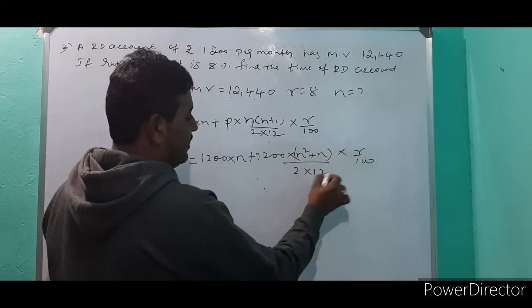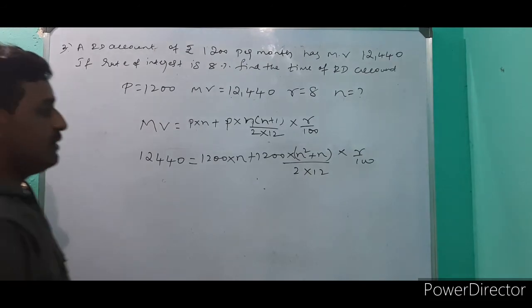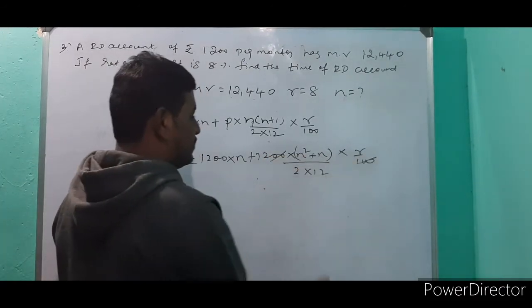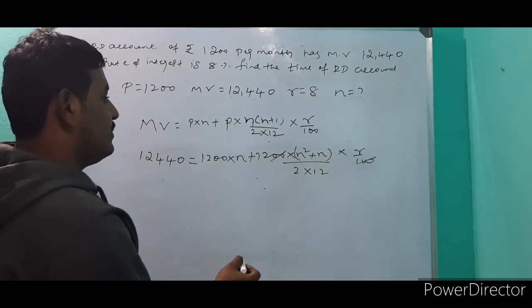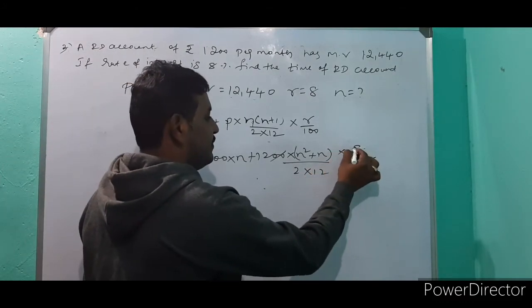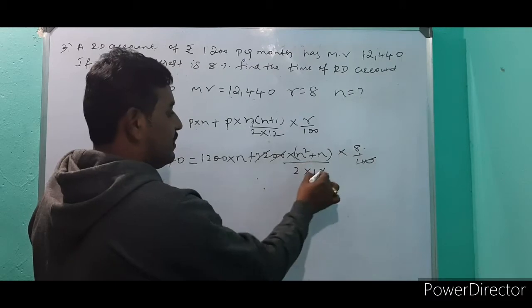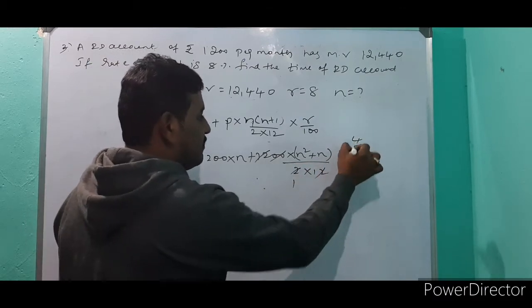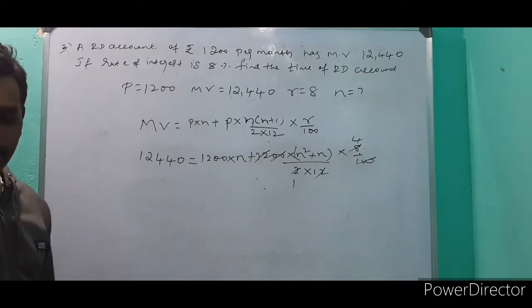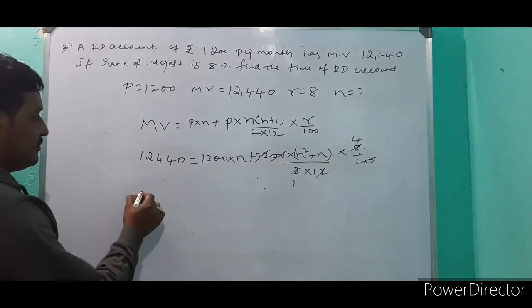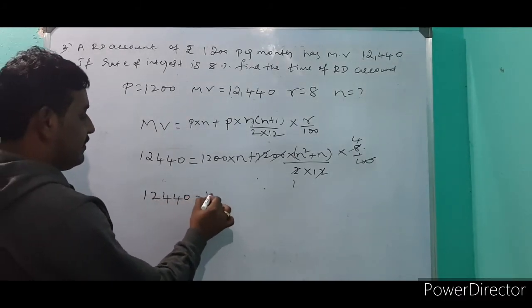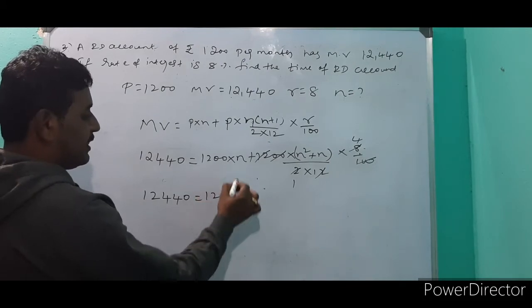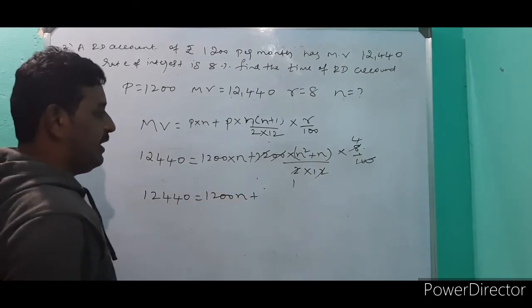Here 2 into 12 is there. So here you can cancel 2 zeros and 2 zeros. Sorry, 8 here. 12 gets cancelled, 2 ones are 2, 2 fours are 8. So 12,440. 1200 into N, 1200N.